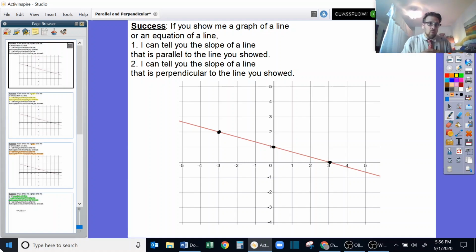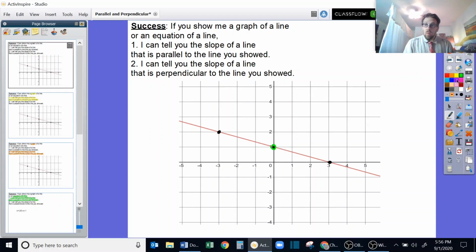So we're going to start with this graph that we're looking at here. One of the first things that I want to notice about this graph is that we can find its slope. Let's identify, first of all, that this is the y-intercept point at 1.